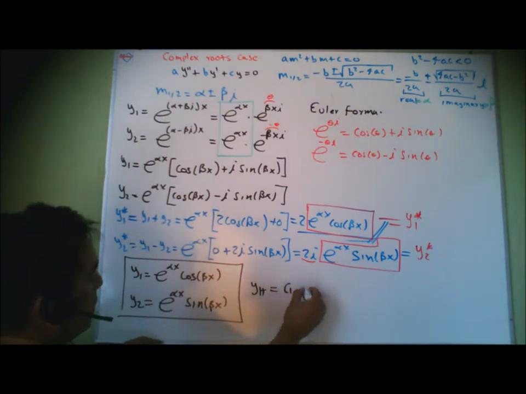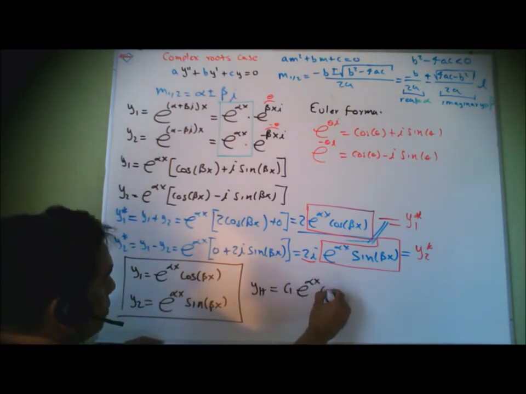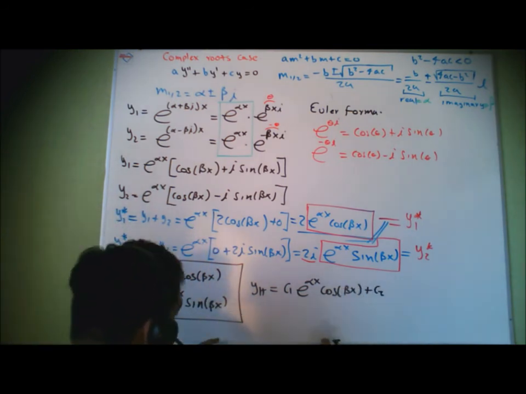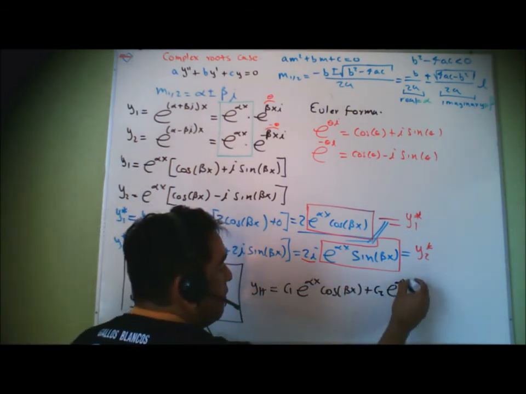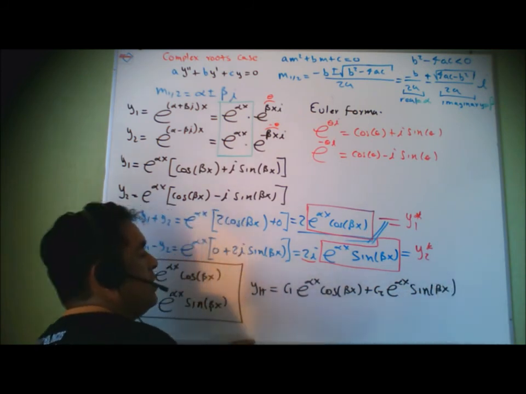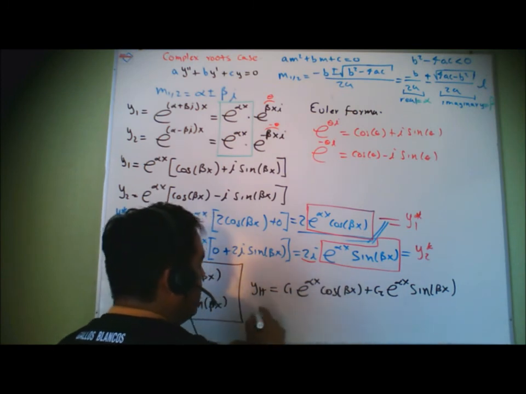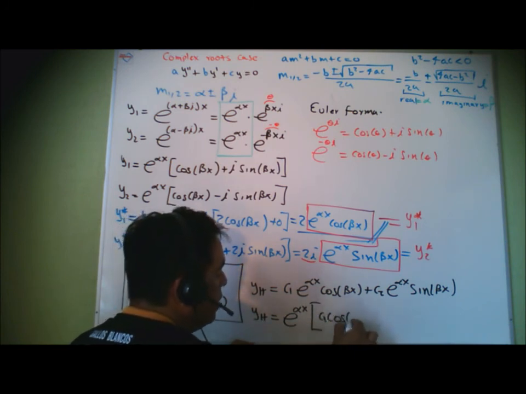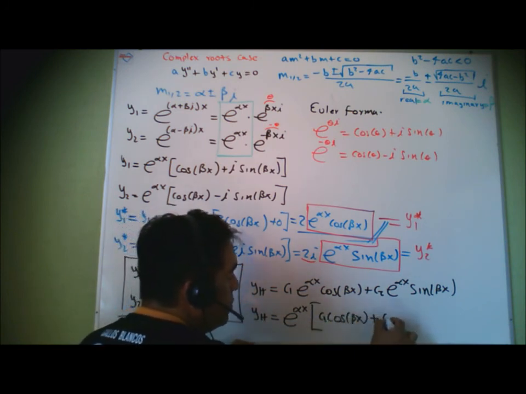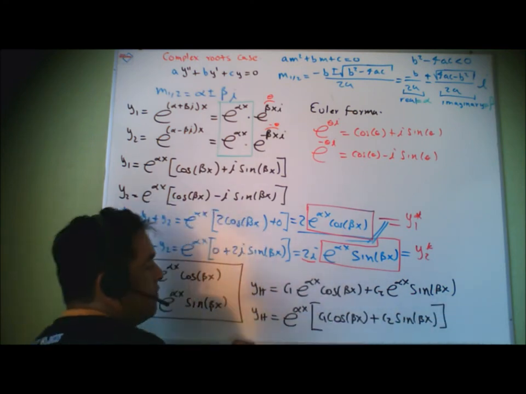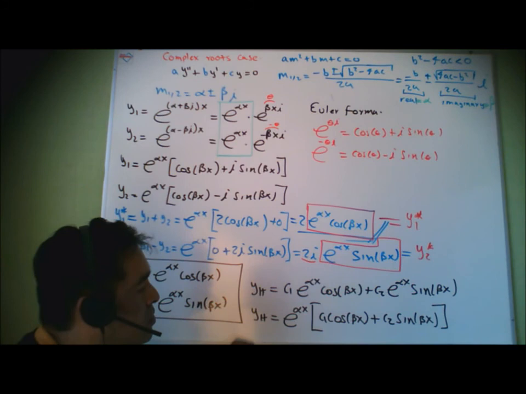So it's going to be c1 exponential of alpha x cosine of beta x plus c2 exponential of alpha x sine of beta x. I usually factorize the exponential, so the homogeneous solution is going to be exponential of alpha x times c1 cosine of beta x plus c2 sine of beta x, because the exponential of alpha x is the same in both solutions.